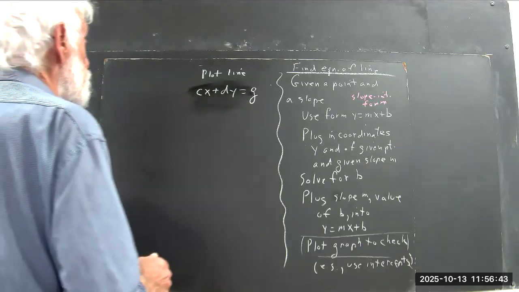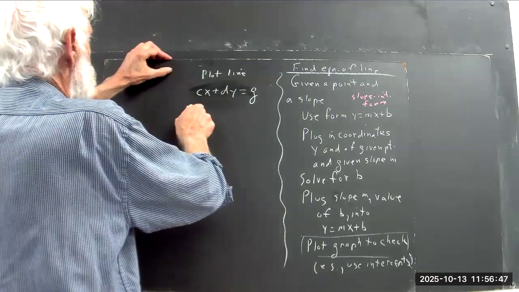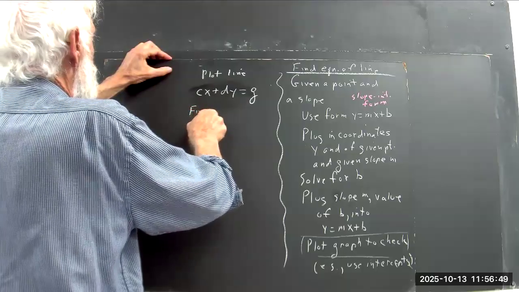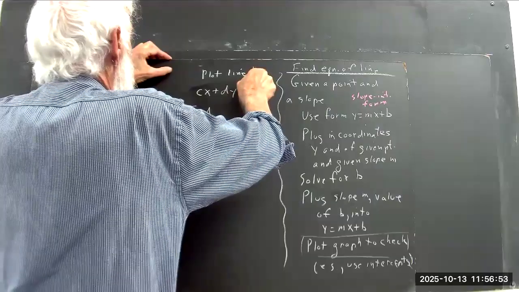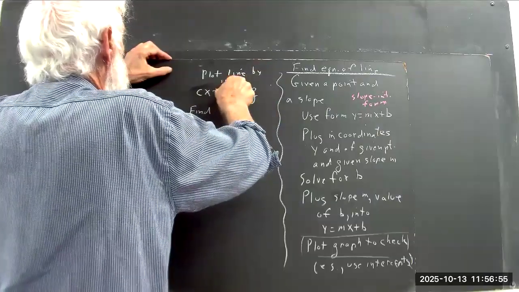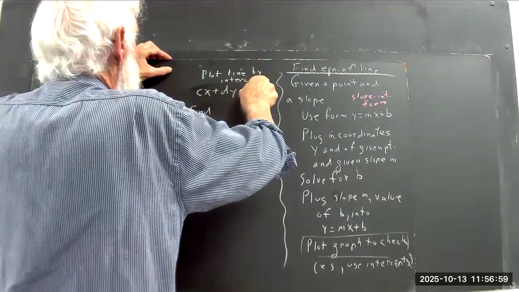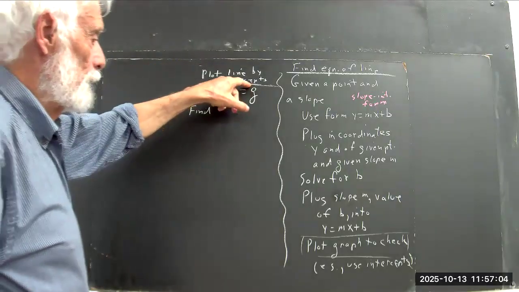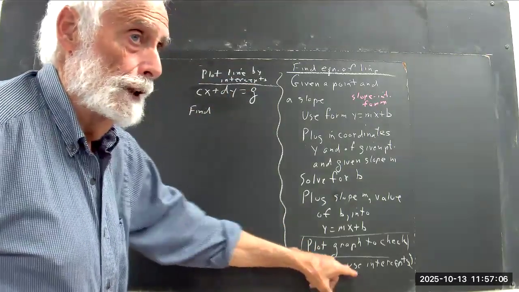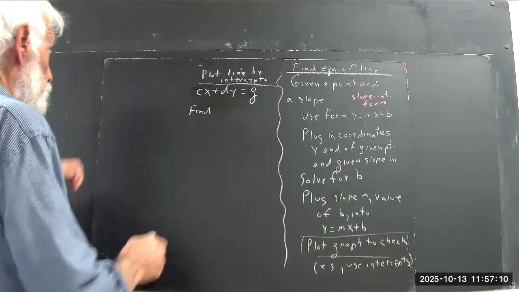Okay. So the word I just squeezed in there because I didn't think to write it at first. Plot the line by intercepts, which is what I kind of said down here. We want to make sure we understand that this is what we're doing.